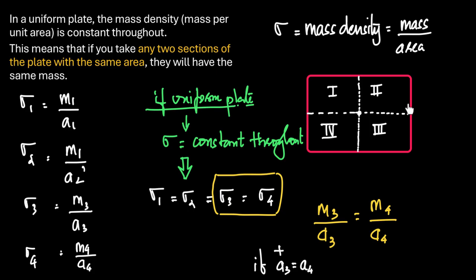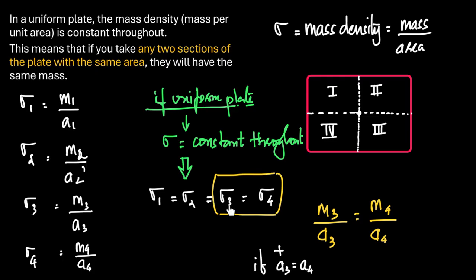So if I consider one plate and divide it into four equal halves, and then assign individual mass densities for them, say sigma 1, sigma 2, sigma 3, sigma 4, then we have sigma equal to m by a, then sigma 1 will be equal to m1 by a1, correspondingly sigma 2 will be equal to m2 by a2, similarly m3 by a3 and m4 by a4. Now if the plate is uniform, then sigma is constant throughout, which means sigma 1 should be equal to sigma 2, and likewise with sigma 3 and sigma 4, right?